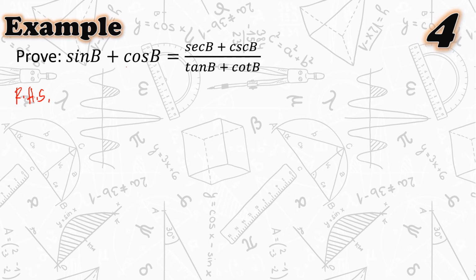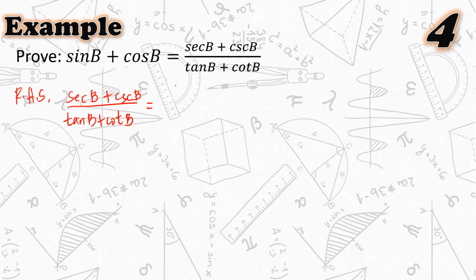Another way to prove trigonometric identities is to express other trigonometric functions in the form of sine and cosine functions. Therefore, working on the right-hand side, that is secant B plus cosecant B over tangent B plus cotangent B, we're going to express each of these trigonometric functions in the form of sine and cosine function.